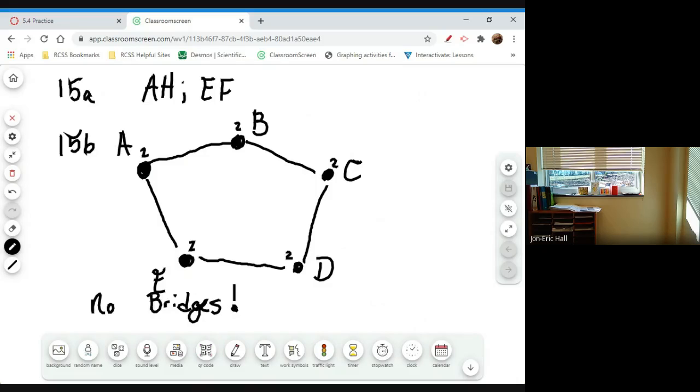Can we write that? You'll do the same thing for part C on 15. There are bridges on that one. For you.